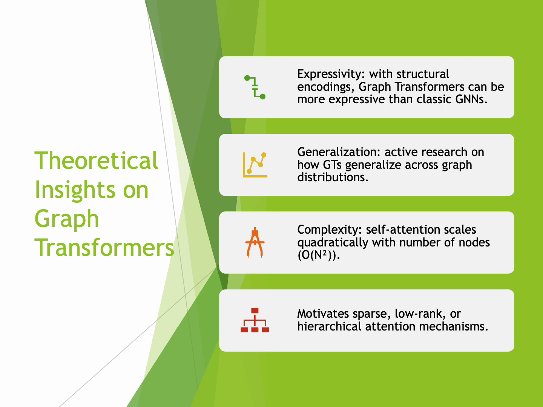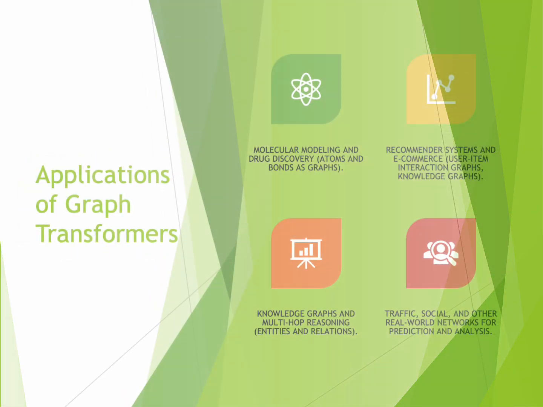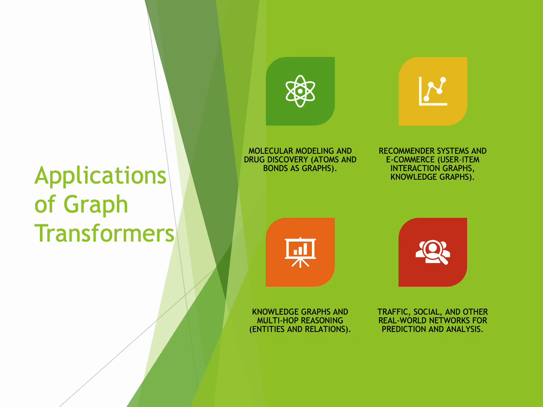Okay, let's see what the applications of this are. Graph transformers have been successfully applied in many domains. In molecular modeling, they help predict properties and design new molecules by capturing long range interactions between atoms.